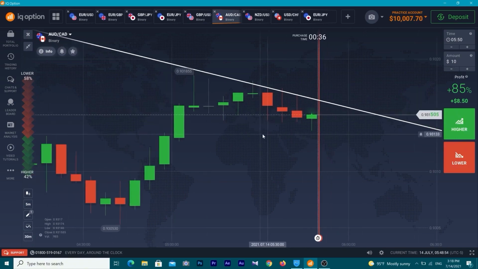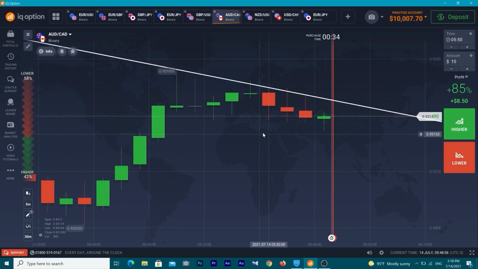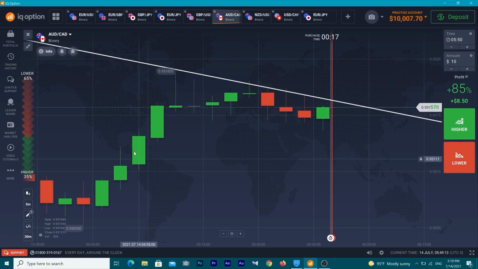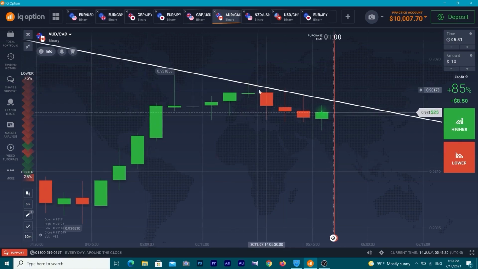The next point I want to tell you is that sometimes the candles might reach this trend line, but the shape of the candle might not be like this. It might not be a doji, a shooting star, or a hammer. It could be just a very ordinary candle. For example, imagine something like this. The next candle is a red candle larger than the green candle that touched the line.